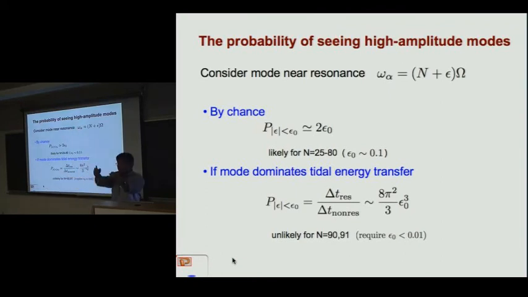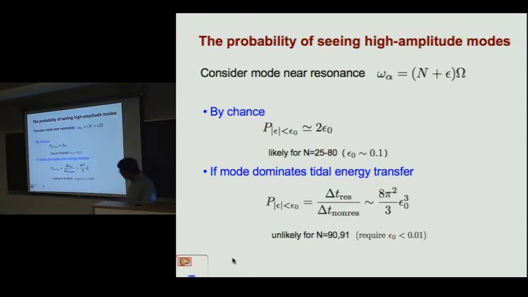When you strike a resonance, you transfer energy to the mode, the orbit shrinks very fast, and so the orbit will evolve away from the resonance. That's why the probability is much smaller if you take that factor into account. Namely, if this particular mode has a lot of energy, the dominant tidal energy transfer, then the probability is even smaller. So if you have epsilon less than 1, this is actually very small.